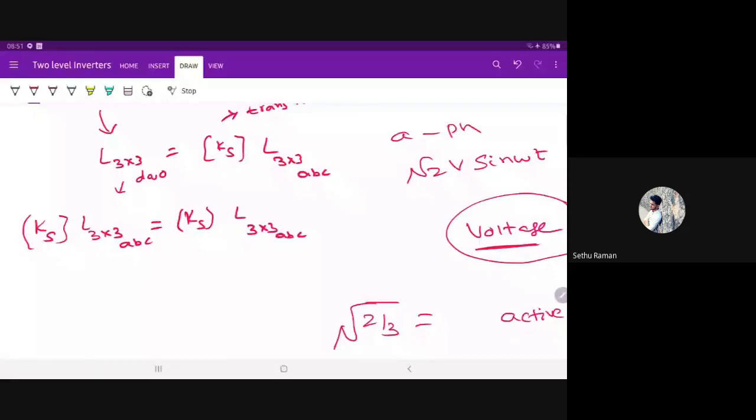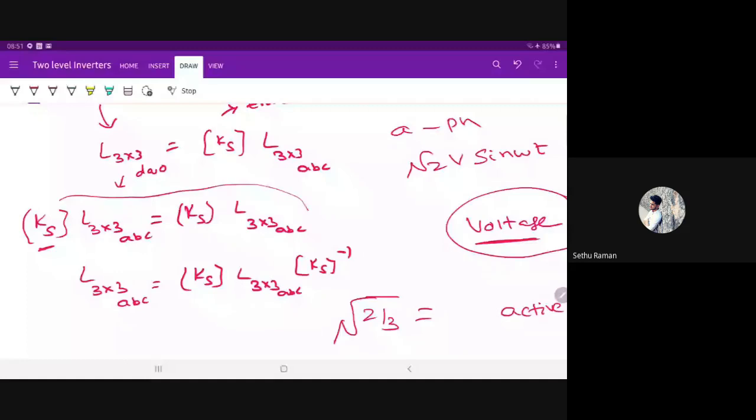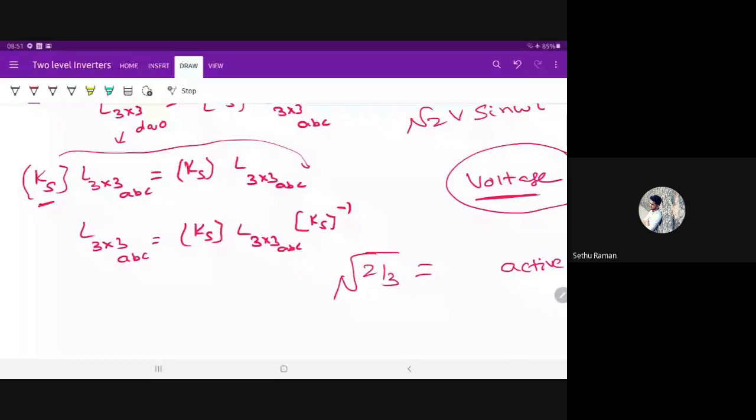So if I move this one to the other side, this will become Ks inverse. On the left hand side you have 3 by 3 ABC, on the right hand side you also have 3 by 3 ABC. So when you are doing this, Ks into Ks inverse.